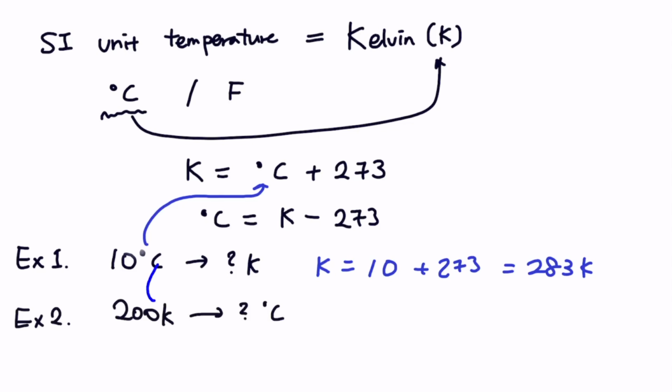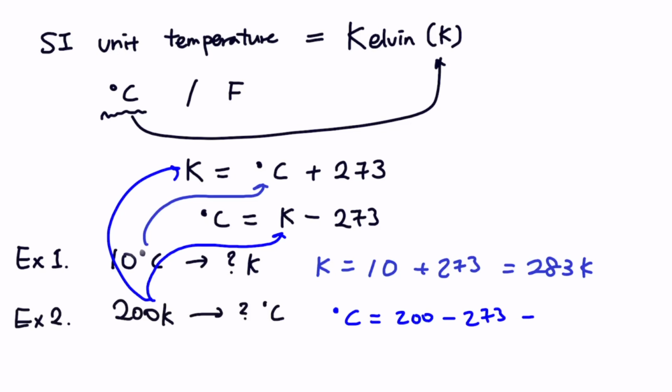You can substitute this number into this equation or this equation, though this equation doesn't really matter. So degrees Celsius will be 200 minus 273, which is equal to negative 73 degrees Celsius. So once you memorize one of the equations, then you can convert from here to here. You can solve any problem.